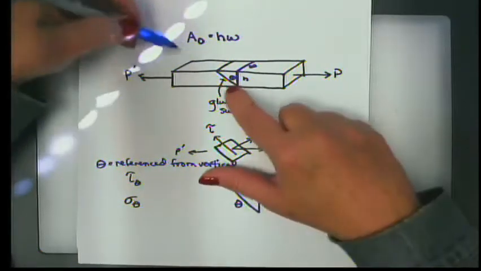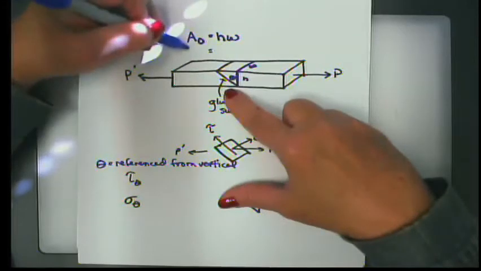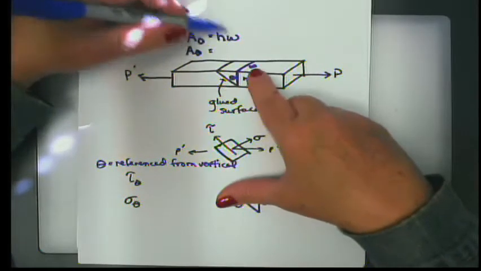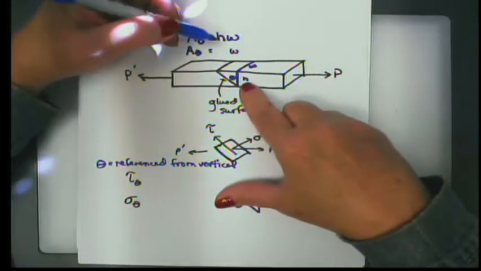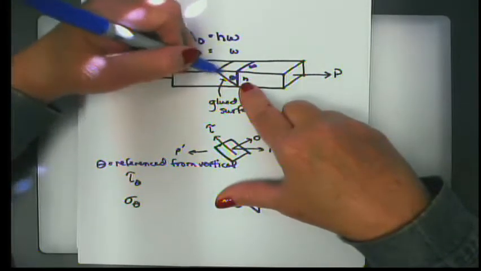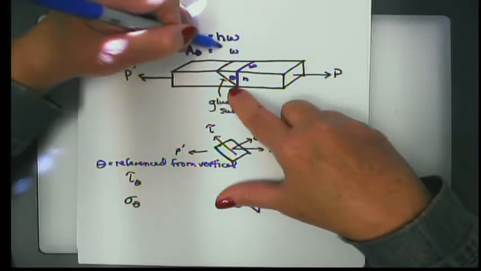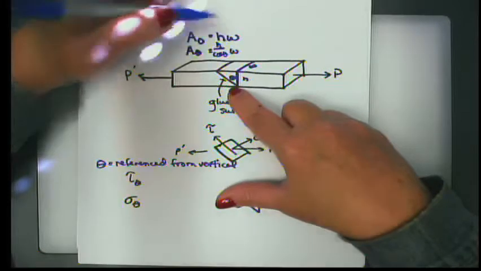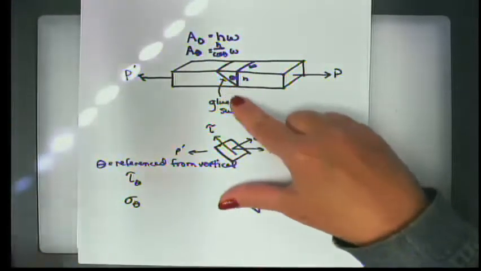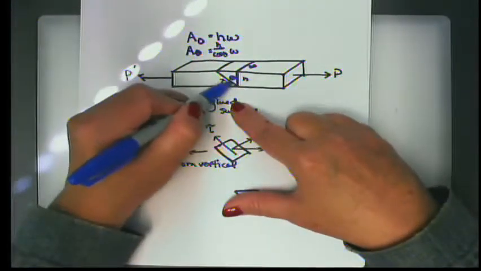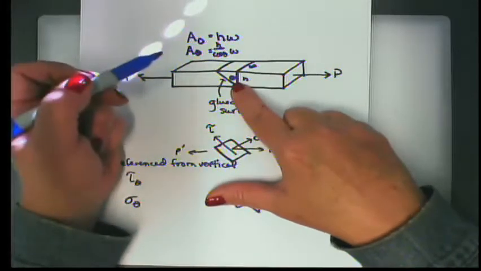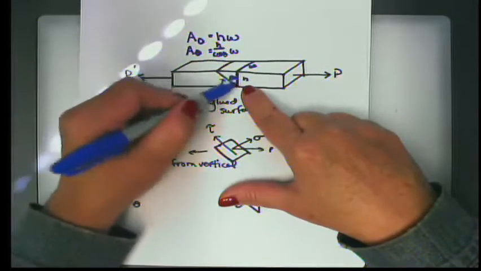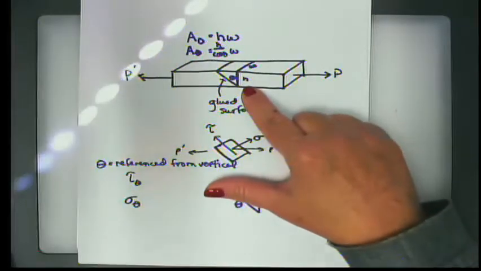We can further see that the width onto my A sub theta surface does not change, but my height becomes this length, which is actually going to be the height divided by the cosine of theta. In other words, the length that we experience on the oblique section is the hypotenuse of a triangle that has H as its vertical component.